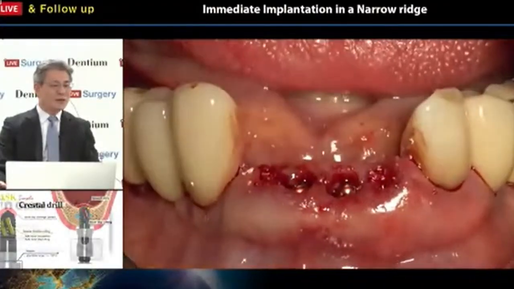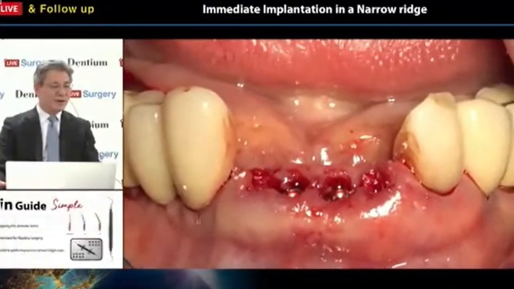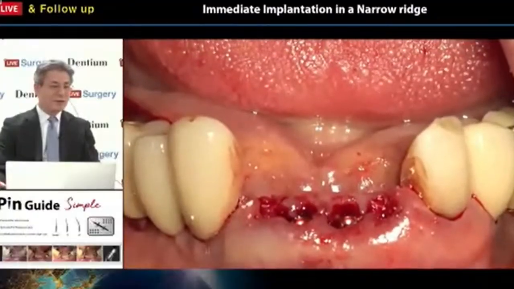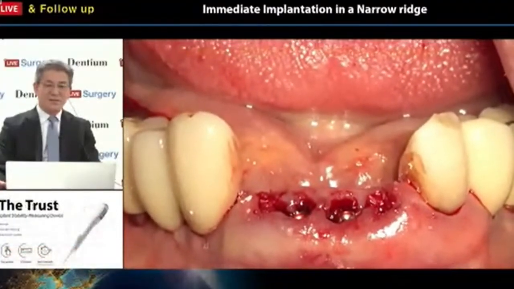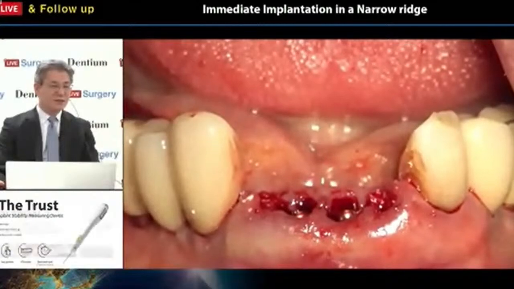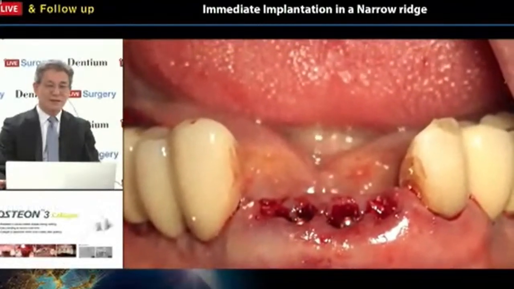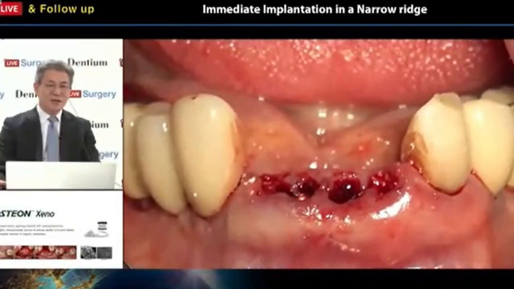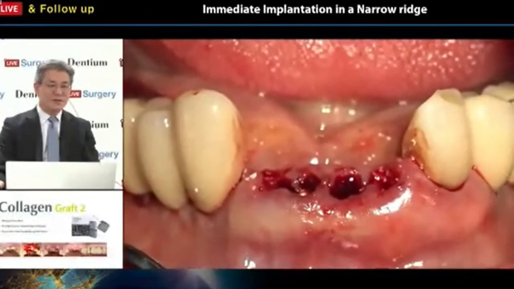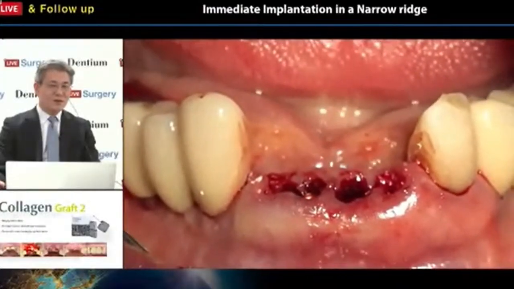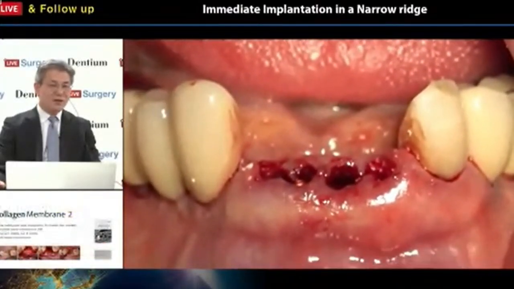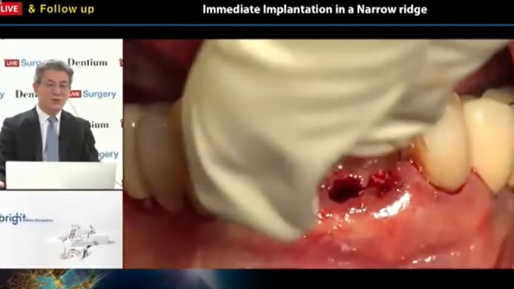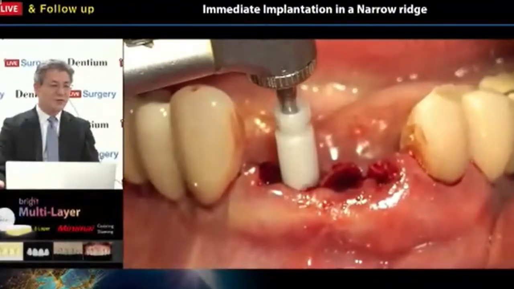Okay, removing the plastic cap. This plastic cap works as a protection cap. The top portion has a screw thread, so to protect this screw portion, the plastic cap is inserted in the package. After insertion, we remove this plastic cap, and then we can connect the scan abutment through this screwed area.